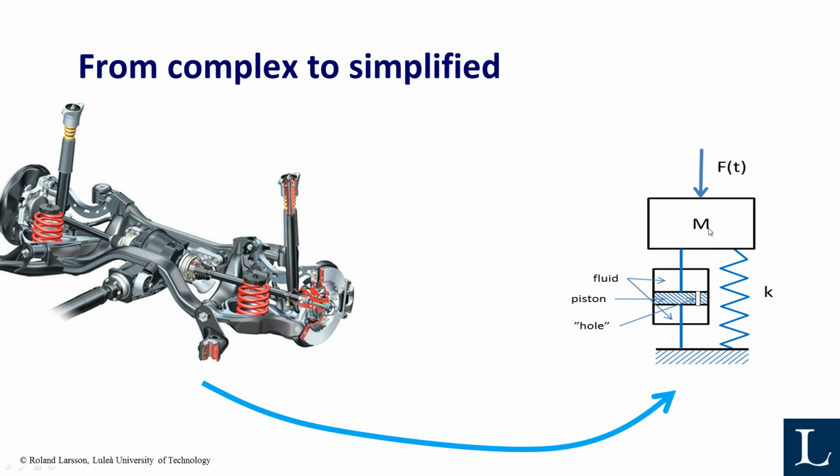So the first simple model of this system could be a mass with a spring and a damper, and the damper could be a piston with a hole here, that when you move downwards, the fluid down here must be pressed through the hole to the upper chamber, and that gives you some damping effect. So a model like this is a pretty straightforward model, and you can learn, if you can get characteristics of the spring and the damper that are proportional or the same as the system here.